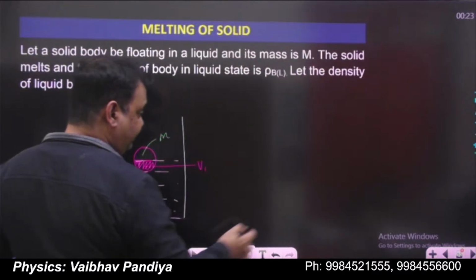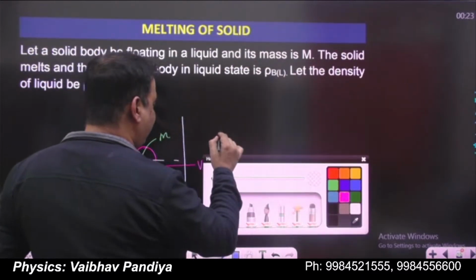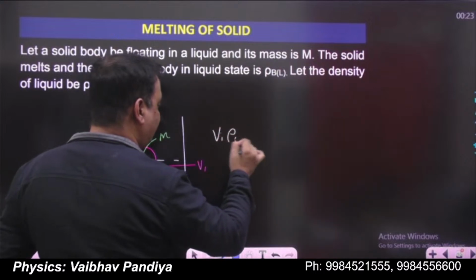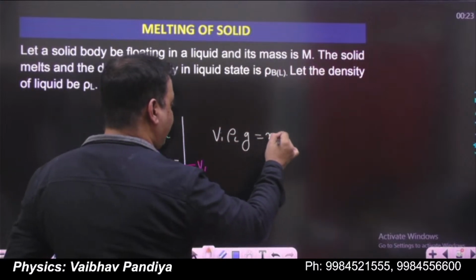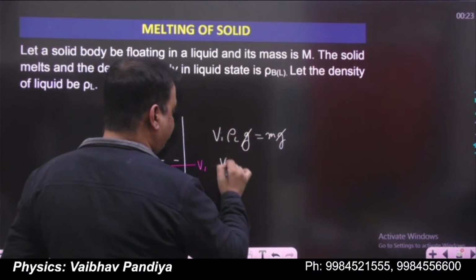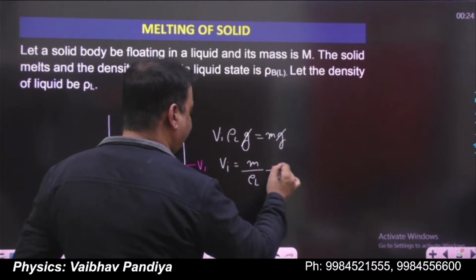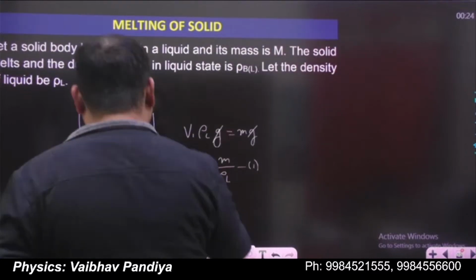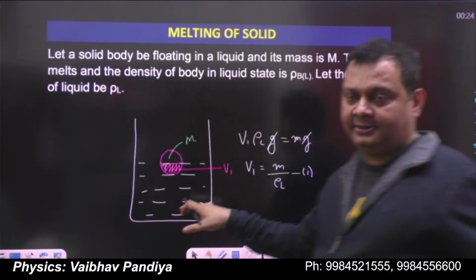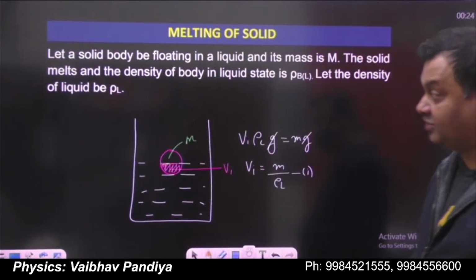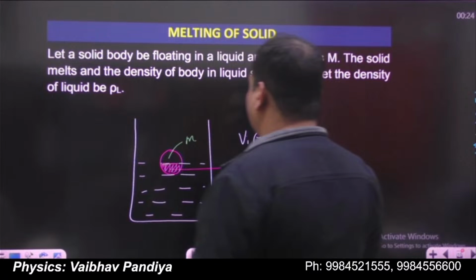So of course you can say the upthrust is equal to the weight. So Vi, density of the liquid, into g is equal to mg. So g will get cancelled away. So Vi will be m by the density of the liquid, correct? So this will be the volume that is being occupied by the object when the object is floating.